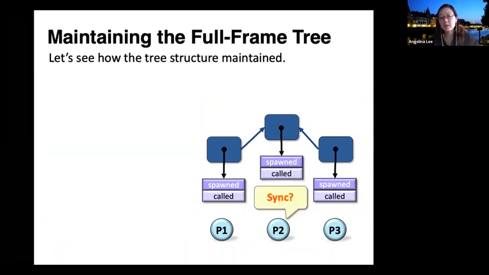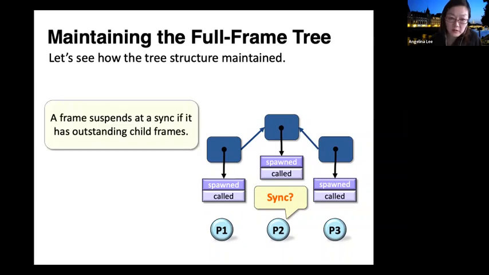And in this case, we know that whenever P2 resumes the stolen function, if it encounters a sync, now we can check the full frame tree to see if there's any outstanding subroutine that's still executing on a different worker. Okay, and in this case, by looking at the full frame tree, we know that there are still outstanding spawned subroutines executing on P1 and P3.